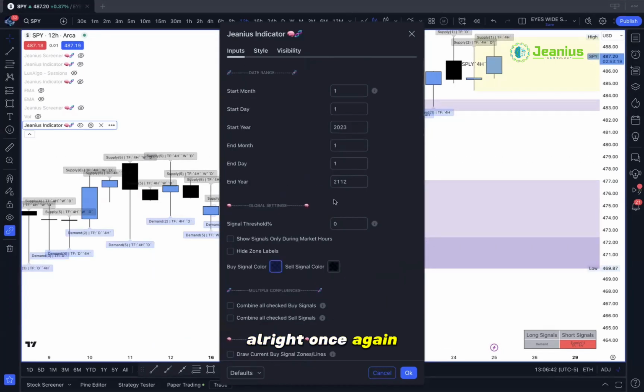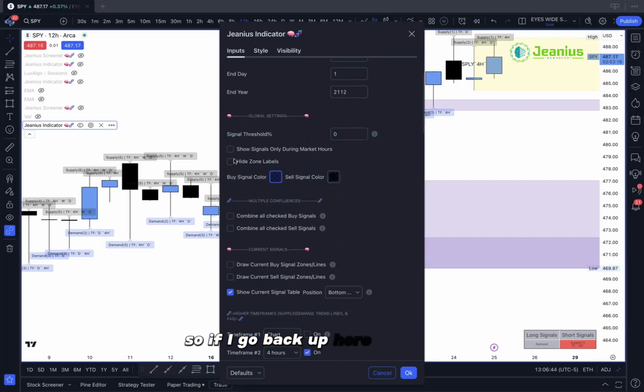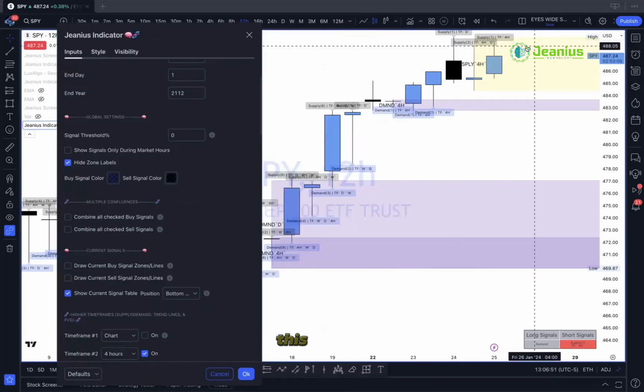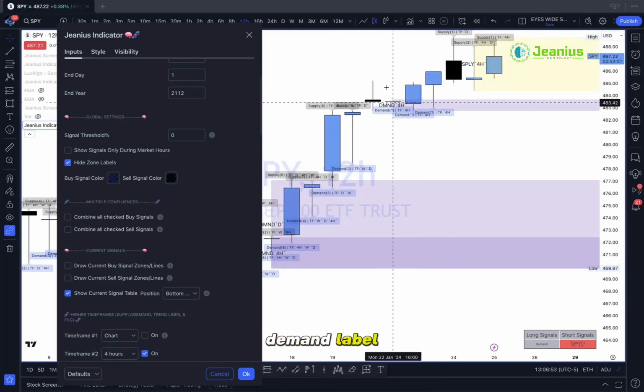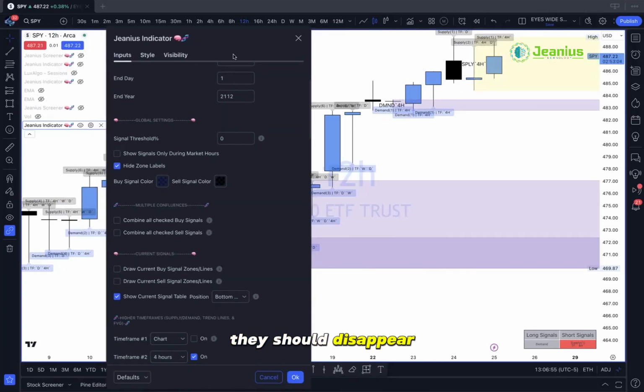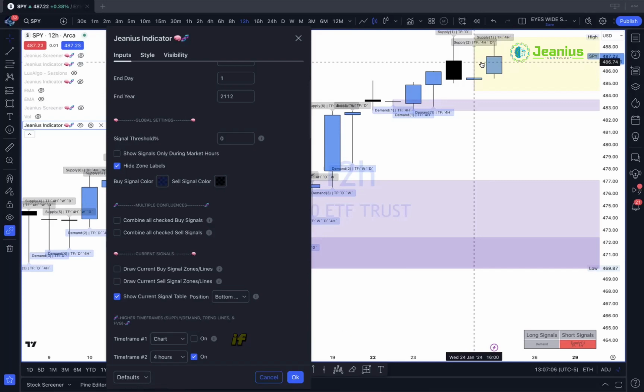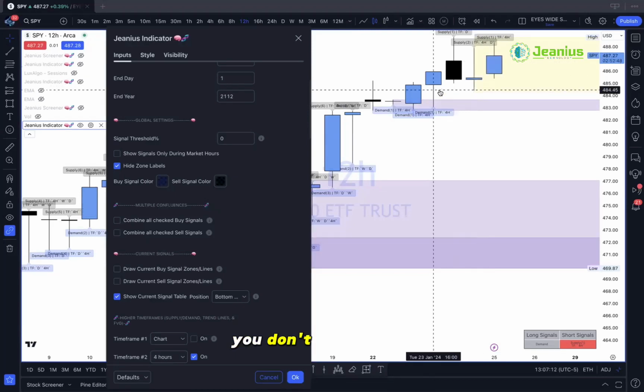Once again, if I go back up to the top and put hide labels, let's see what happens to this supply label and this demand label. They should disappear once everything calibrates. They disappear. If in your mind a supply is a supply and a demand is a demand, then cool, you don't need labels.